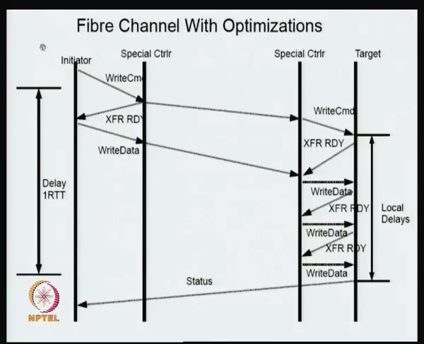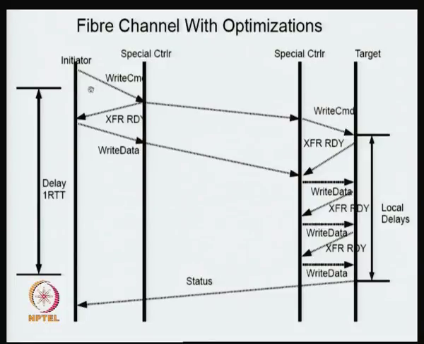So this is the initiator, this is the target. I have a special controller sitting in front of me, and it takes care of the transfer from this to this through some other protocol. Let's say some highly optimized protocol that can do wide area network transfers efficiently.